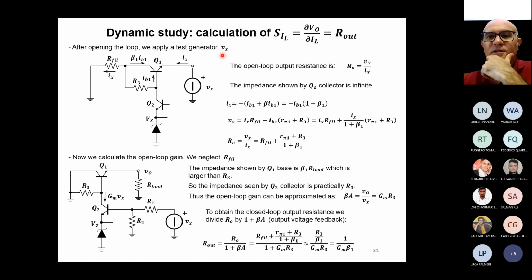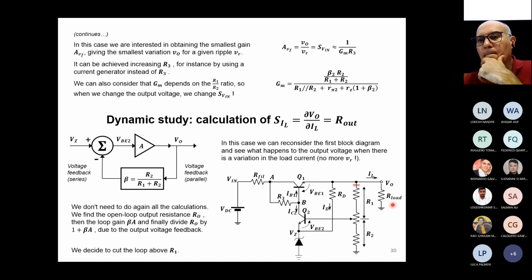So what I'm going to do is this. I go back to the previous slide. I want to see which is the output impedance seen by the load resistance. So if I watch into the circuit, if I look in this direction, I can neglect basically the resistance R1, R2. They will be also open, but in any case, they are very high. I can neglect the RD. This is a resistance which gives a constant current, let's say, to the Zener diode.